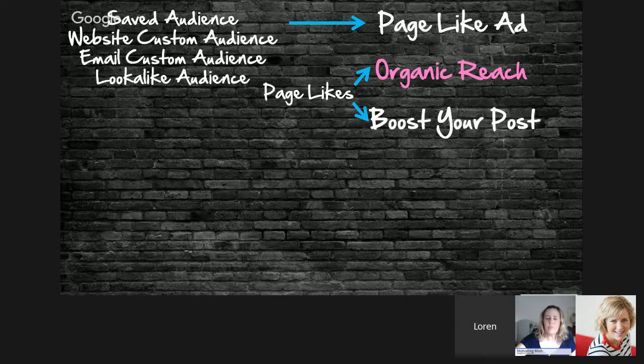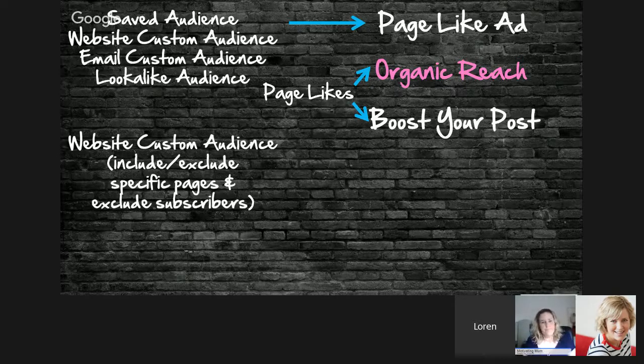And then further down the track, we might say, you know what, we've paid for these page likers to go to our website because we've boosted the post and they've visited it. So now suddenly our website custom audience has started to grow. And with that website custom audience, we might say, well, let's include those people that we've driven to this particular blog post because this is really relevant to the product or service that I eventually want to sell.